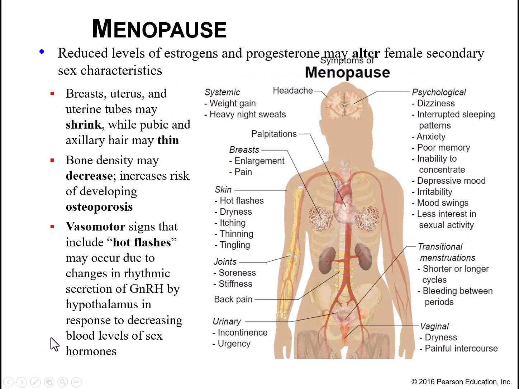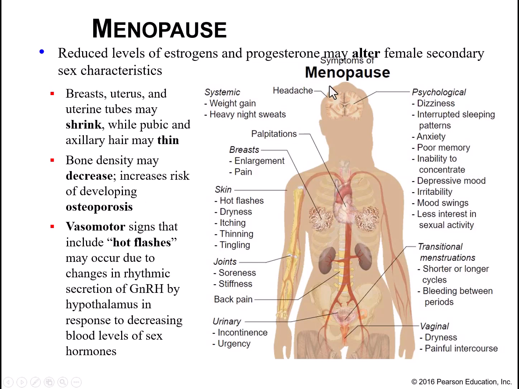Lots of side effects from menopause. So those reduced levels of estrogens and progesterones reduce our female secondary sex characteristics. Breasts shrink, pubic and axillary hair may thin, bone density decreases. You get vasomotor signs such as hot flashes.